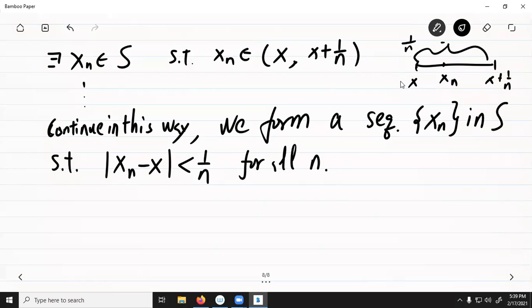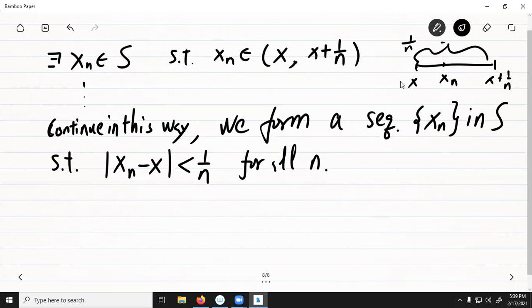Then we can use what is called the comparison lemma. This is an inequality, and we know that 1/n has limit 0 when n approaches infinity. So that means this difference approaches 0. In other words, xn should approach x.